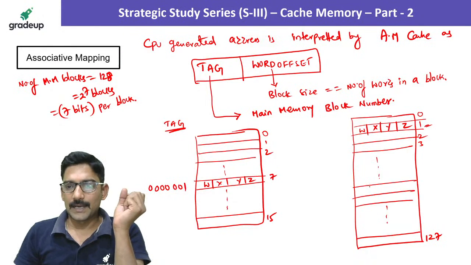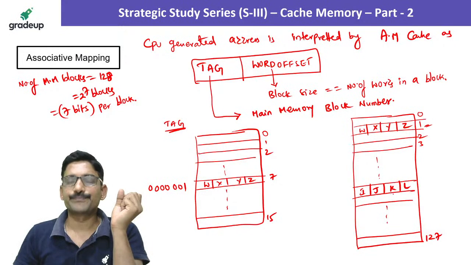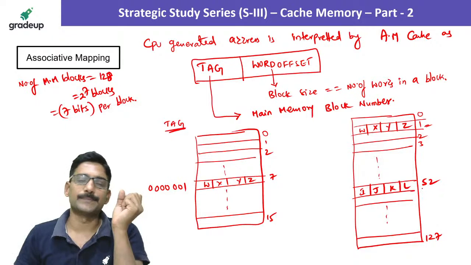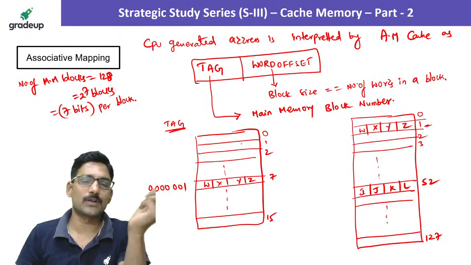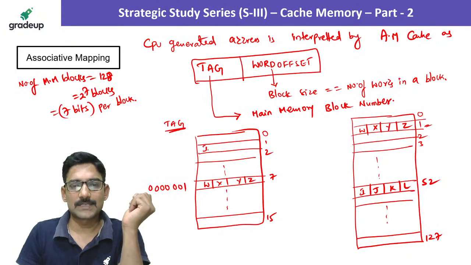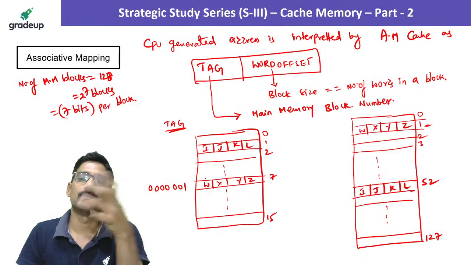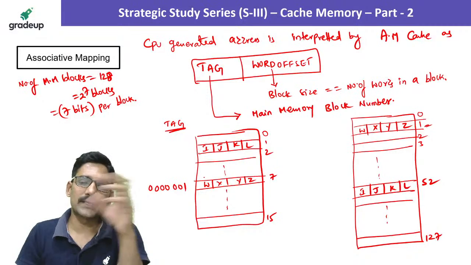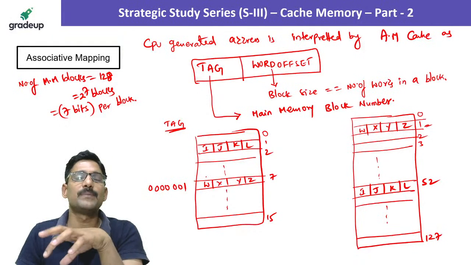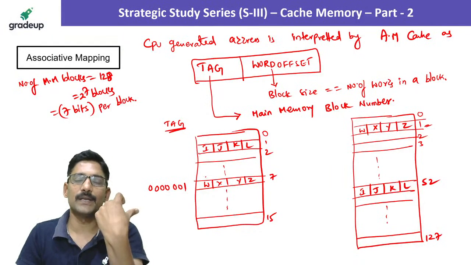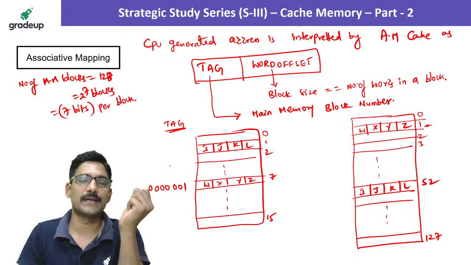Let's say I am copying the word K from some 52nd block. So where can I copy? In any free block. Let's say I am copying in block number 1. Once I copy, its main memory block number, from which block you copied, 52, that is maintained as tag.